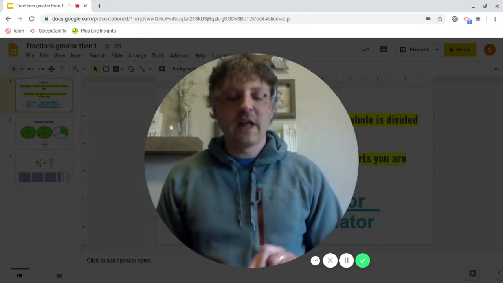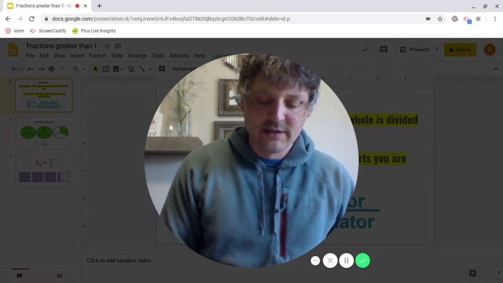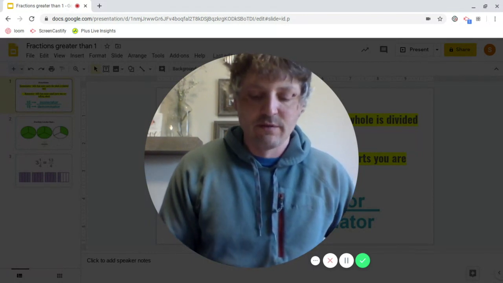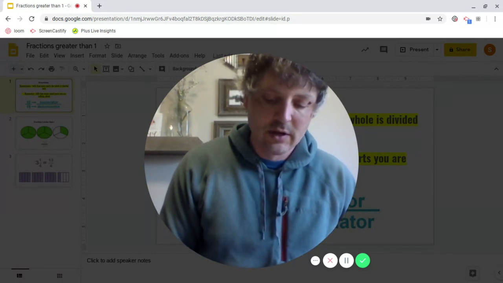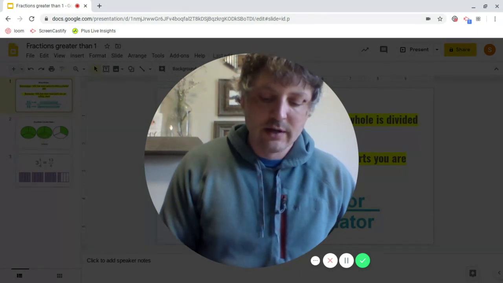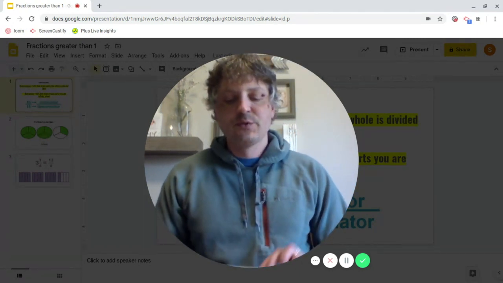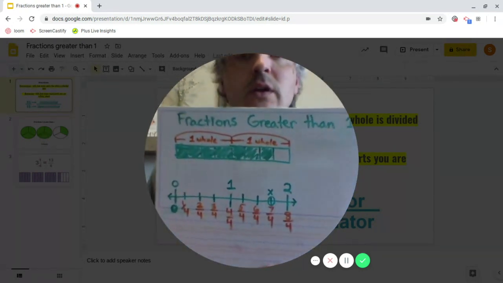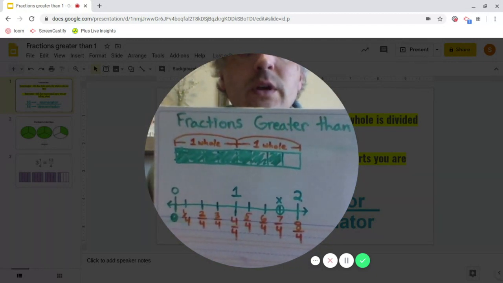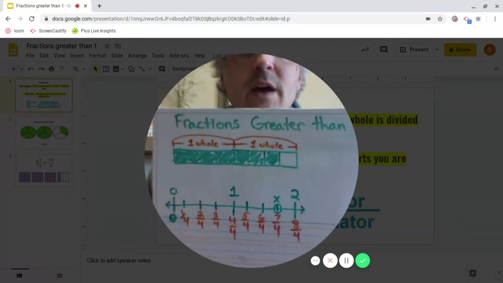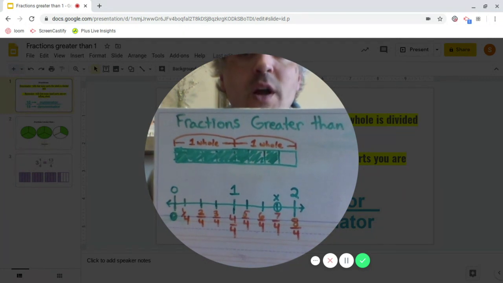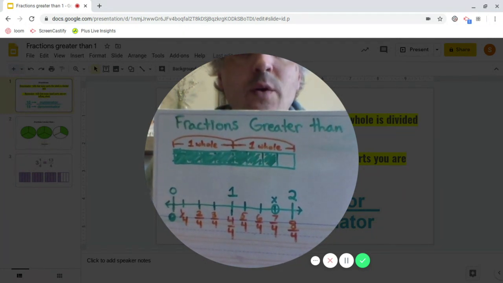Then on a fraction line, I could just put my tick where 7/4 is, or put an X, or circle it. I have those written out to show you how, depending on what the fraction greater than 1 is, you would draw it out.